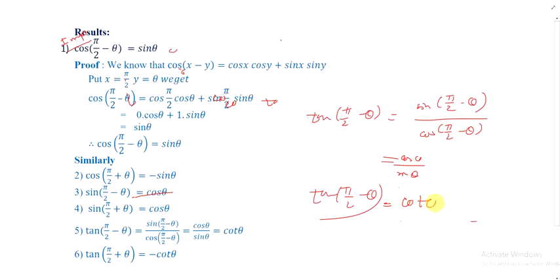Therefore, it is equal to cot theta. I have already told you that tan reduces to cot and cot reduces to tan. So tan(pi/2 - theta) is equal to cot theta. Remember these and try to prove these results independently also. Okay, so in the next session we will see the next results.